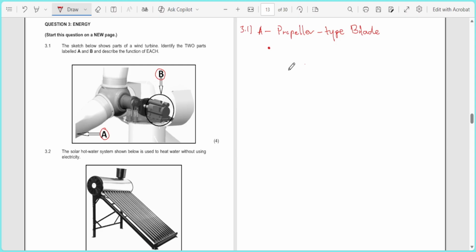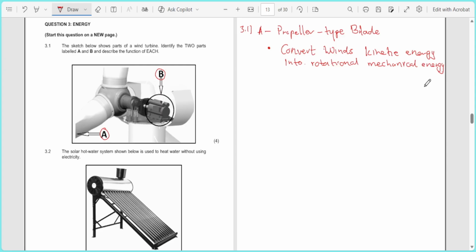Okay, so their function is actually to convert the wind's kinetic energy into rotational mechanical energy.